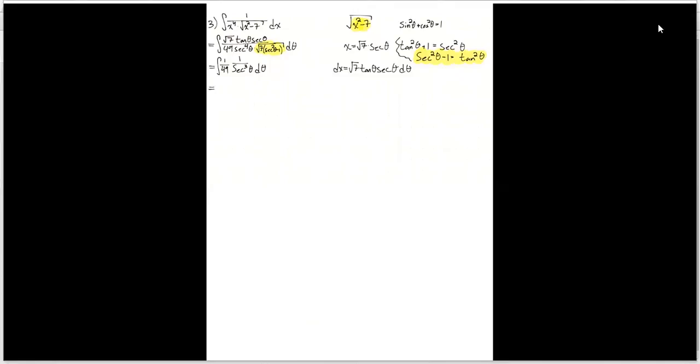And so now what we're going to do is rewrite this as 1 over 49 cosine cubed theta d theta, right? Just because secant is 1 over cosine, so 1 over secant is just cosine.